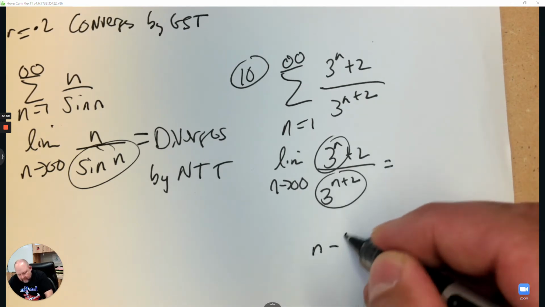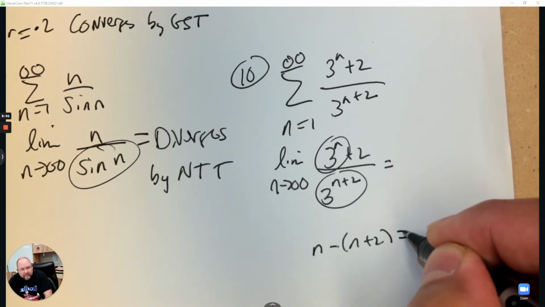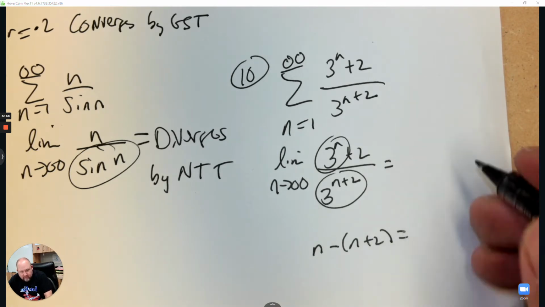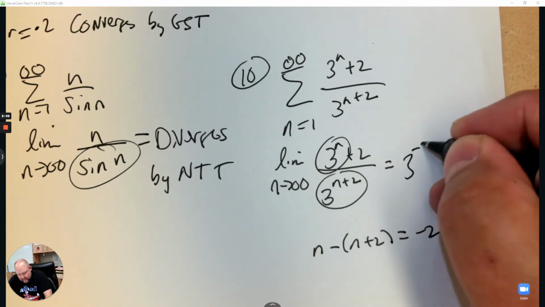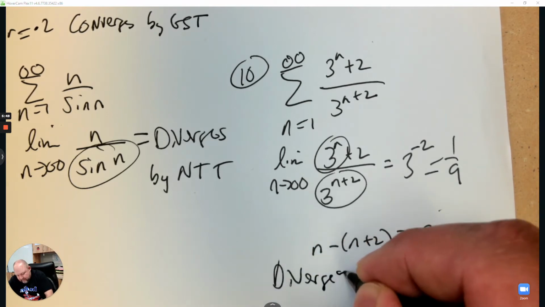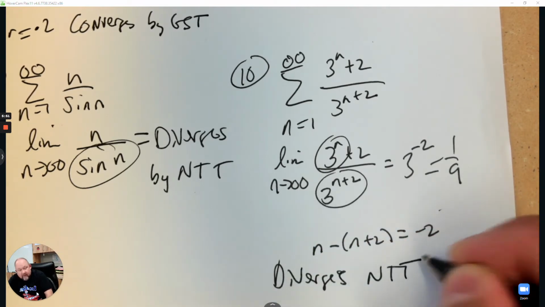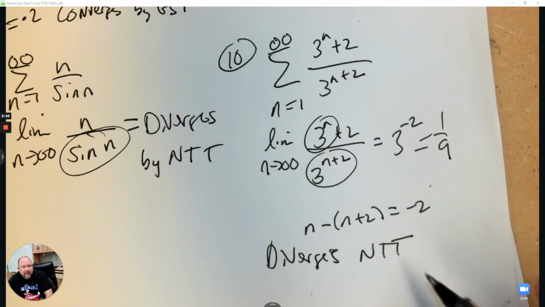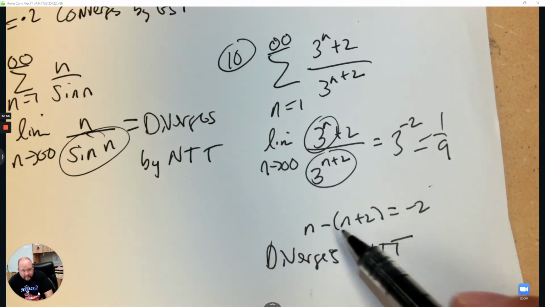So if you go n subtract n plus 2, right, subtract the exponents, you're left with negative 2. And so 3 to the negative 2, it diverges because the limit needs to approach 0 in order for it to converge as a series. Number 11.